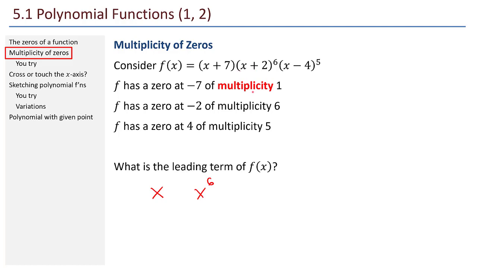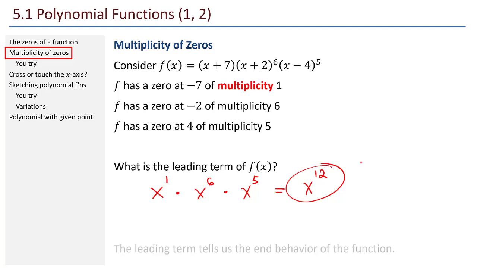And then lastly, I look at this last factor, (x minus 4) to the 5th, and if I multiplied that all out, it would be terrible, but at the very beginning of it all, there would be an x to the 5th. Finally, I multiply those together, and when I multiply powers of x, I add the exponents. So 1 plus 6 plus 5, that's x to the 12. So the leading term of this function f is actually x to the 12.